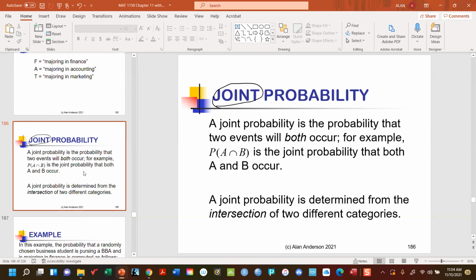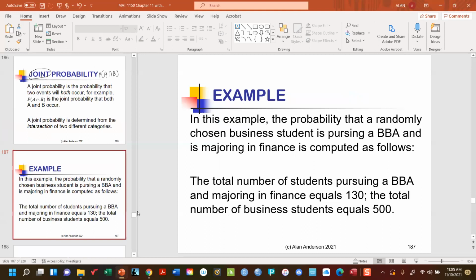Now, how can we figure these out? All right, well, let's look at some examples. Okay, but just be aware, joint probability means we've got an intersection, which means two different things are true at the same time. All right, so how about this? What if I want to know that, remember, we're picking a student at random. What if I actually do want to know the probability that this student I chose is getting their bachelor's degree in finance?